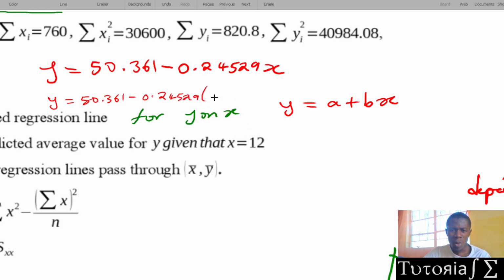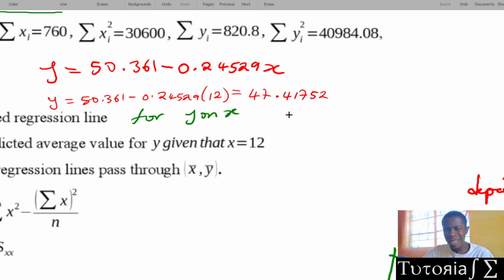Then if x is 12, you put 12 there. Then you simplify this, and what you're getting is the value of y when x is 12. So when x is 12, y will be 47.41752. So that is how you were supposed to answer this question.